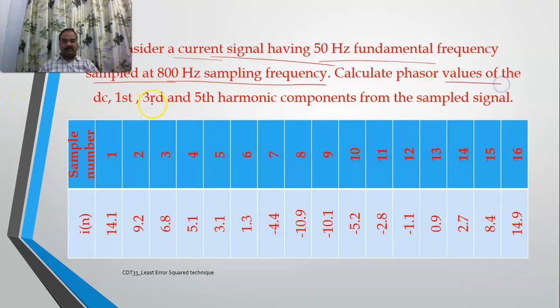Calculate the phasor values of the DC component, the first or fundamental component, the third harmonic and the fifth harmonic components from the sampled signal.